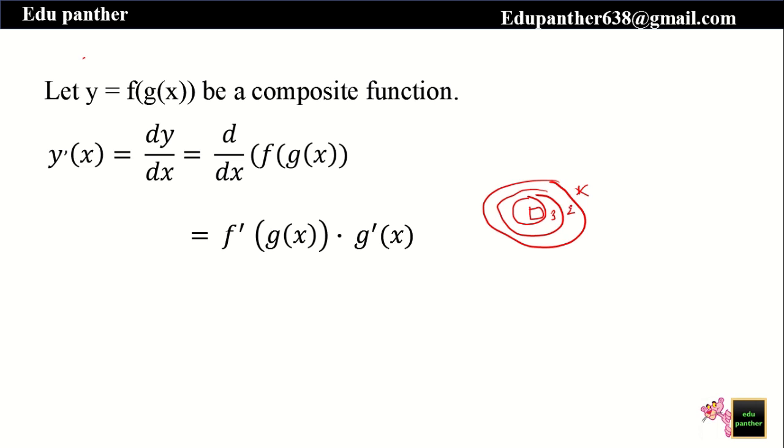Then we'll open the second door, that means we'll differentiate the second function, and then we'll open the third door till the time we get to the treasure. Differentiation of composite function is also the same. First differentiate your first door, that means differentiate the function present outside, then take the next step inside and differentiate the function present next to it.